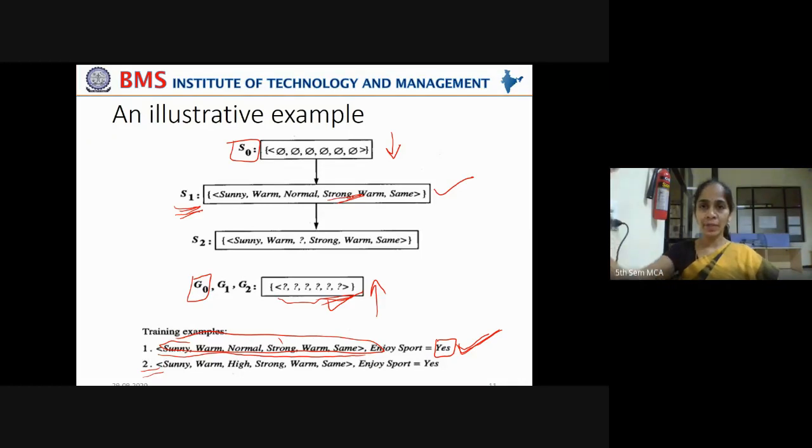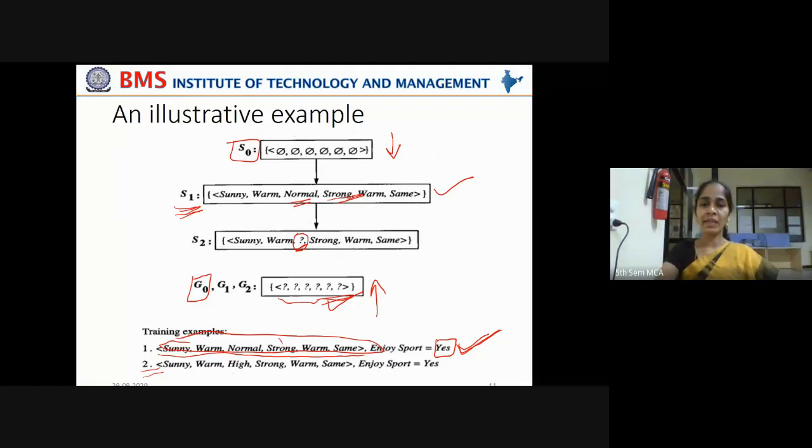Did you observe we are coming downwards towards more generality? Now instead of normal, we are giving it as question mark, because instead of pi we had put it as normal. Now other than normal, one more value is accepted by the training example. That is why we are just generalizing it to be question mark. It can take up any type of data.